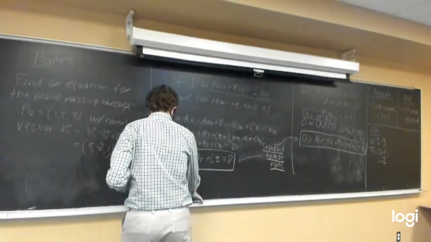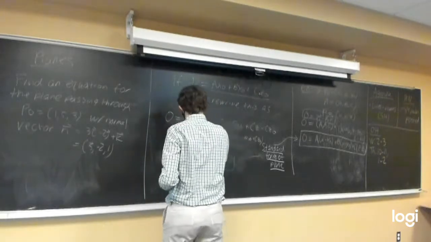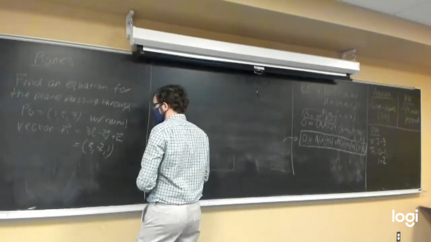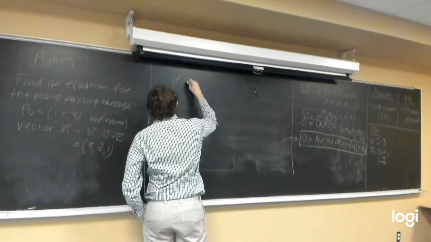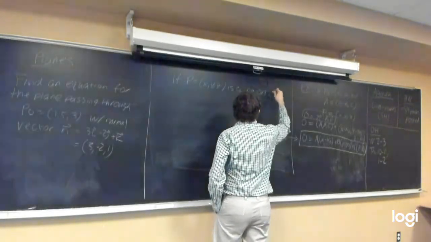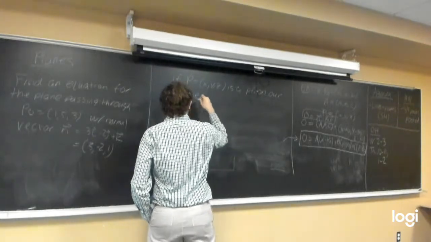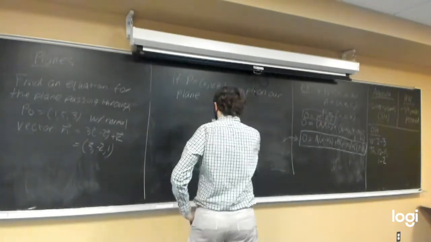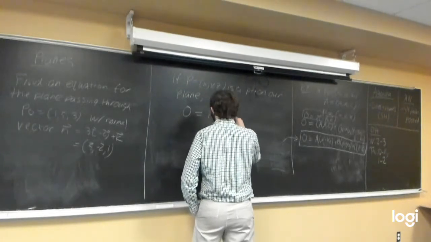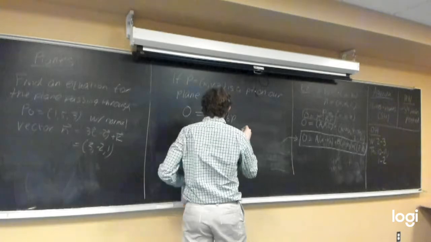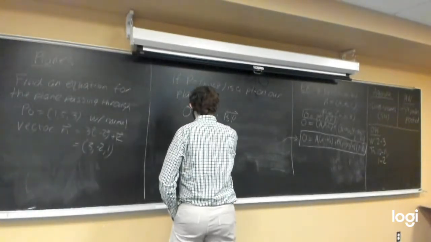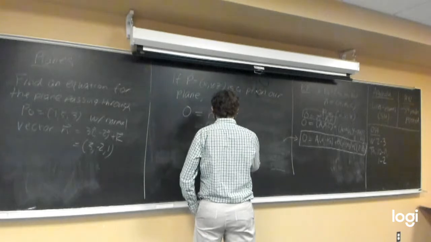Let's see what happens if we do this process. If P equals x, y, z is a point on the plane, then according to our original definition of a plane, we should have that 0 is equal to the normal vector dotted with the vector that starts at P naught equals 1, 5, 3 and points to P. So n dot the displacement vector should give us 0, and our normal vector was 3, -2, 1.